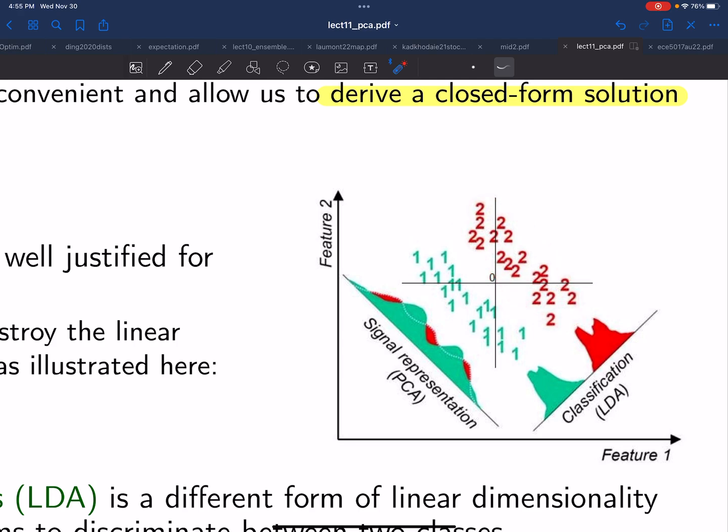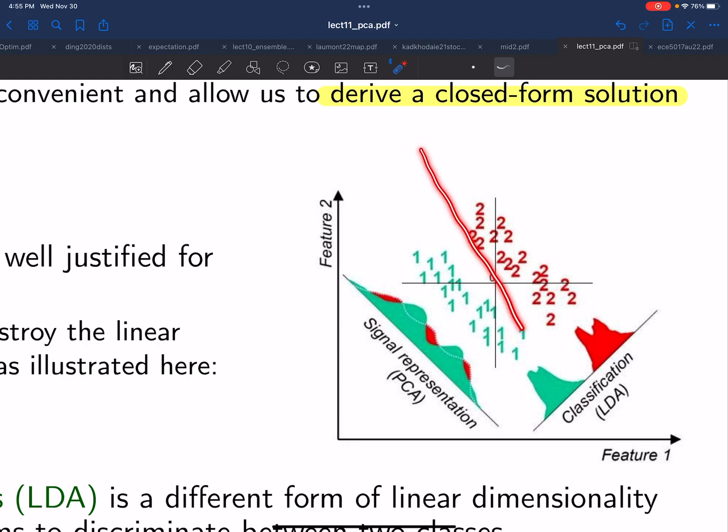So if I did the classification in the full feature space, it would work very well, right? I could apply a linear classifier and we would get perfect training accuracy. But now our goal is to compress the data. So compression means going down to one dimension. If you look at this data and you say, how would PCA compress the data?